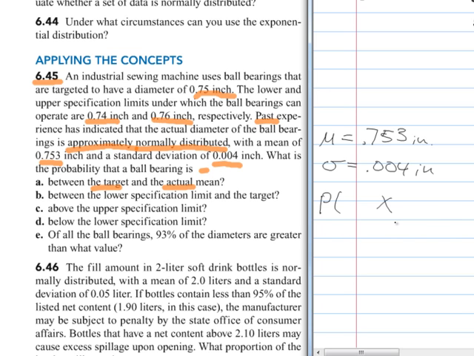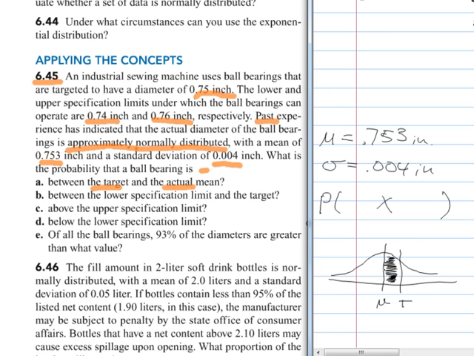And so if we're thinking of the range of values that we could have, we've got a target value somewhere on here. Maybe it's right here. Here's the target. Here's the mean. And it's asking what's the probability that the ball bearing is between the target and the actual mean. So we're looking at a probability between the target and the actual mean.